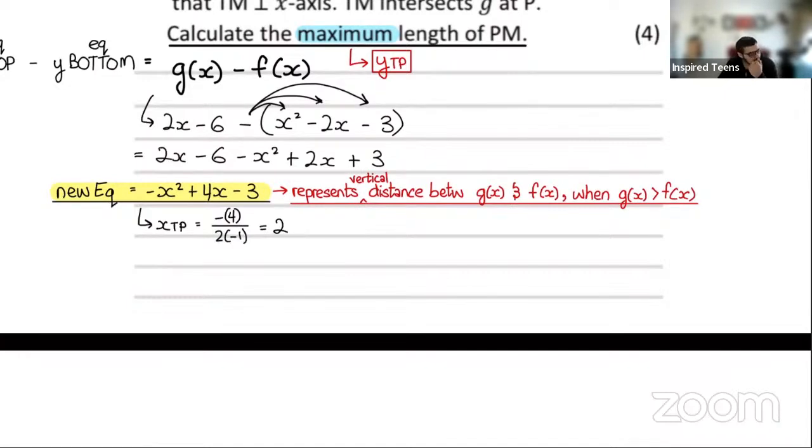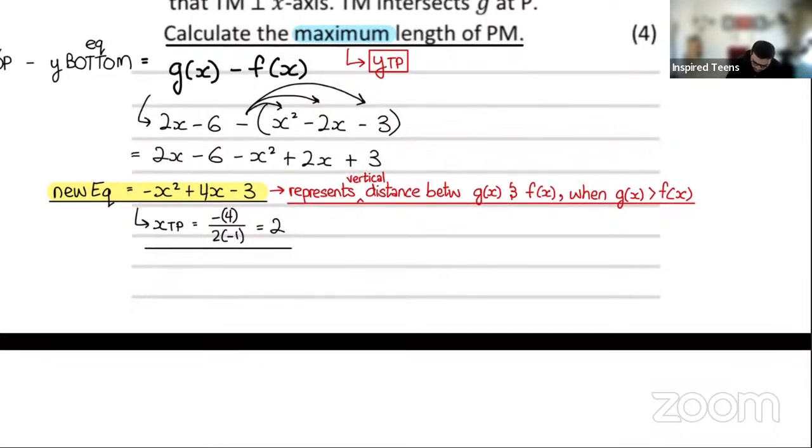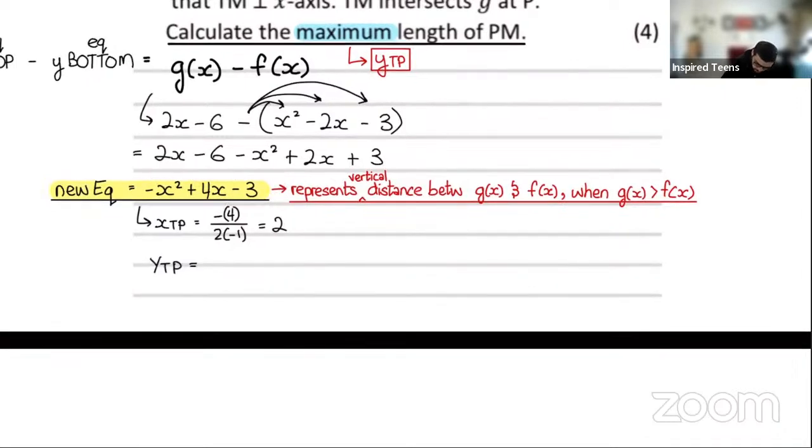So the x coordinate where the maximum distance is, is actually 2. So that's why it was a coincidence above that I chose 2. The x coordinate where the maximum distance can be found is 2, or the x turning point is 2. So to find the y turning point, we substitute the x turning point into this equation. So negative 2 squared plus 4 into 2 minus 3. And here we did the calculation actually, you get 1.